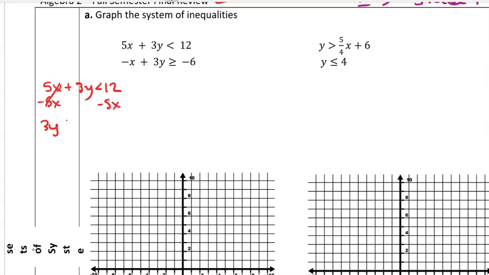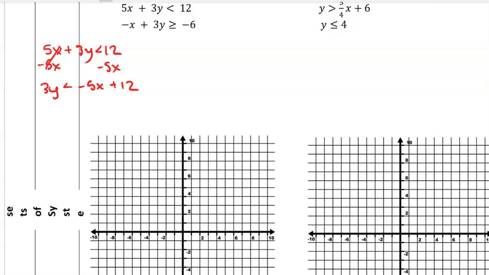We're just moving it, so it's not trying to be combined with anybody. It also has an x, and a 5x can't be combined with a plain 12. Next, we will divide by 3. And now that we have y by itself, our slope is negative 5 over 3, and our y-intercept is 4.